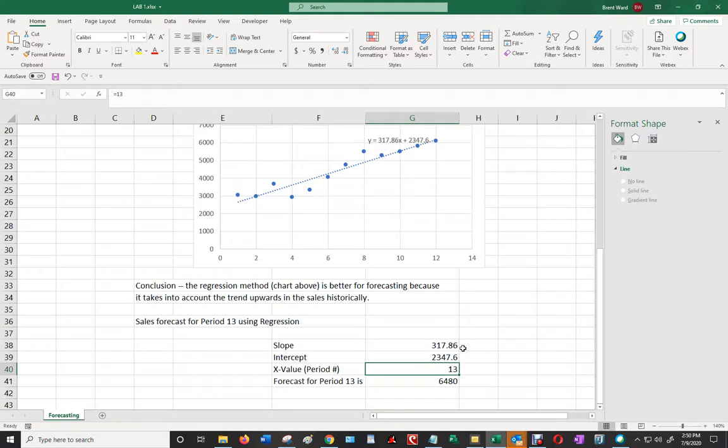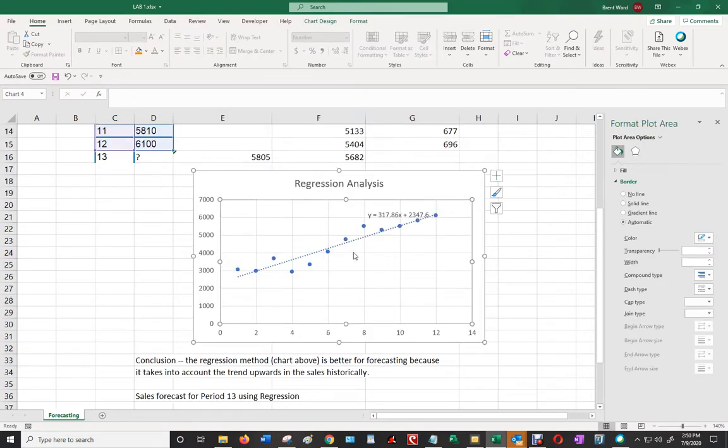Of the three methods we used, this regression method is the best because it's predicting that this line will continue, and right here, which is period 13, see how 13 is right up above there? That value is a little over 6,000, like 6480. That's our best estimate, and that's because this line fits the data the best.